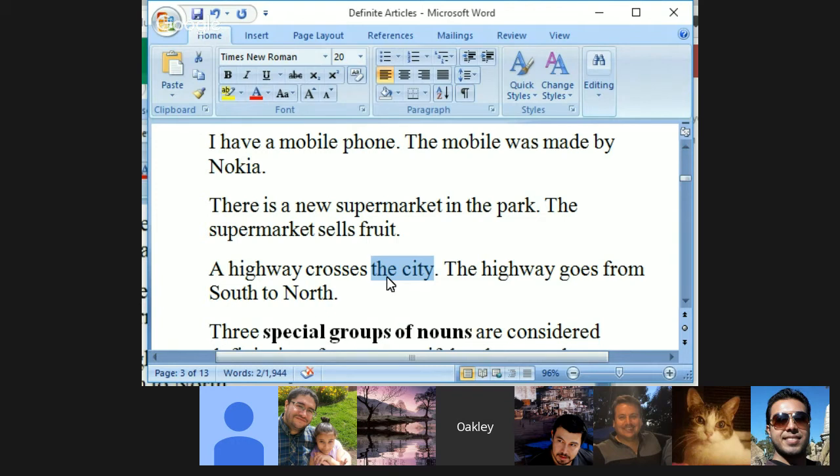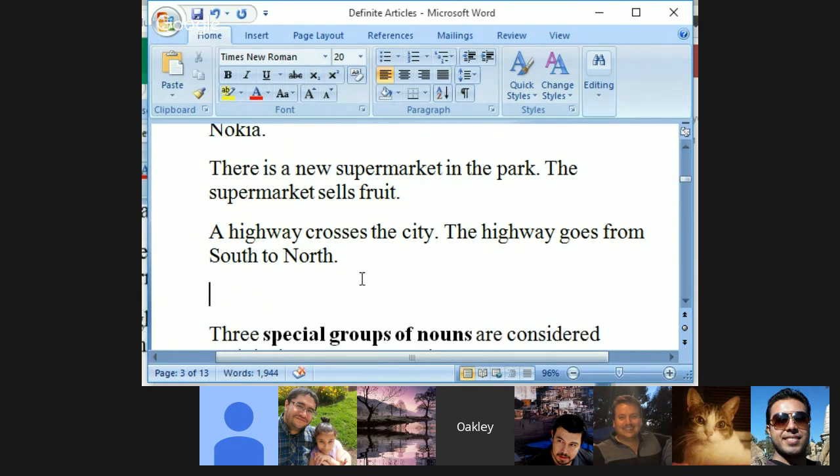All right. So a highway, the highway, great. Highways are countable, so this is totally correct. From south to north. Notice that we don't say from the south to the north. It's not necessary with directions. We'll get to that when we get to the crazy exceptions later.